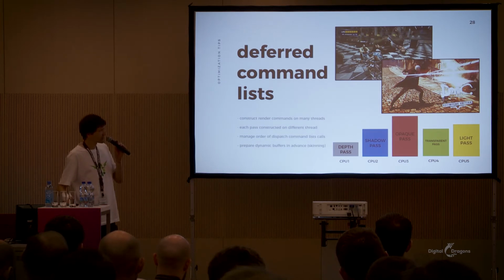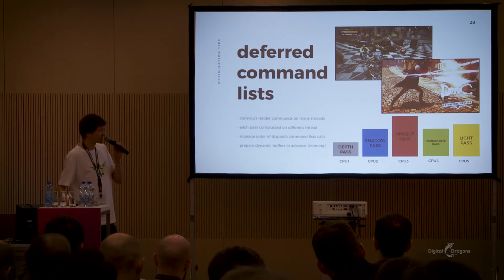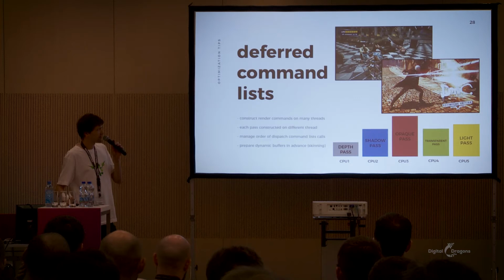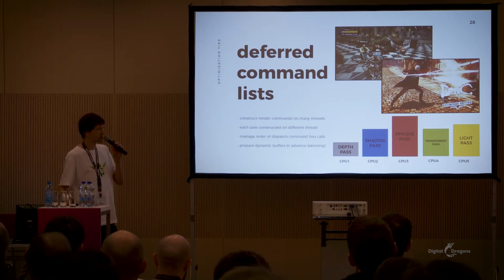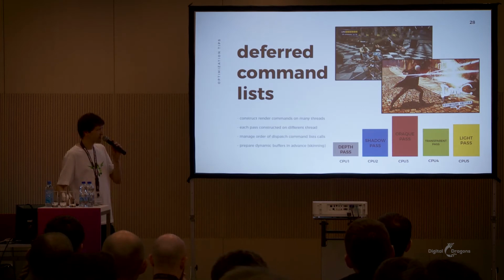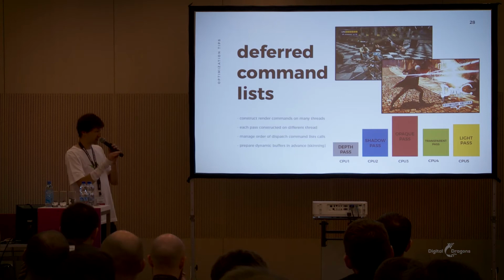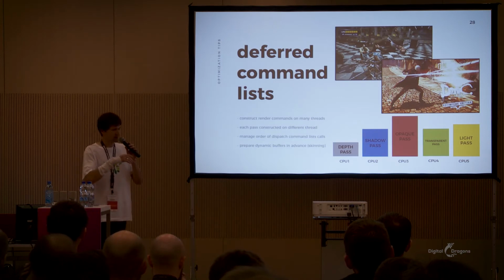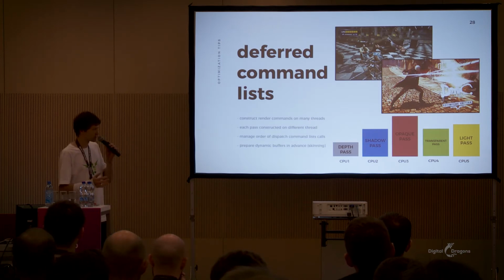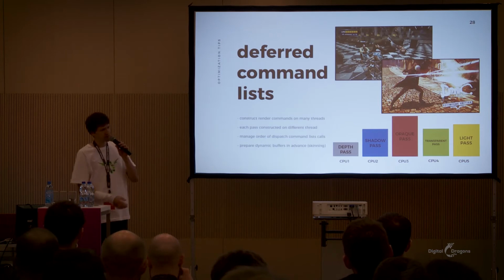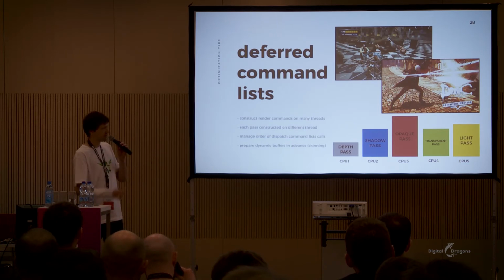And another thing that we can do when we have deferred command lists is preparing the dynamic buffers in advance. This could be utilized when skinning. For example, the skin matrices are put in a big texture that is then used by the depth pass or the opaque pass. Normally, when you do this, you have to map the resource, and then for each object you are drawing, you map it, put some data and unmap it, map it, put some data, unmap it.